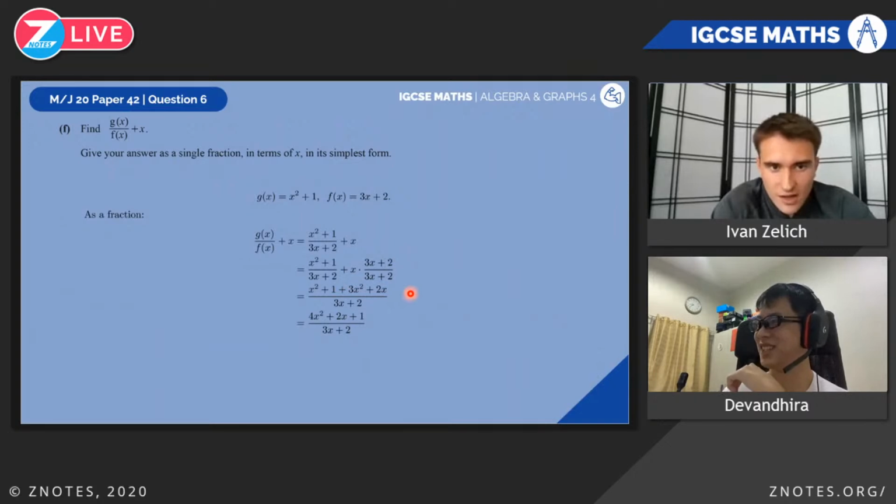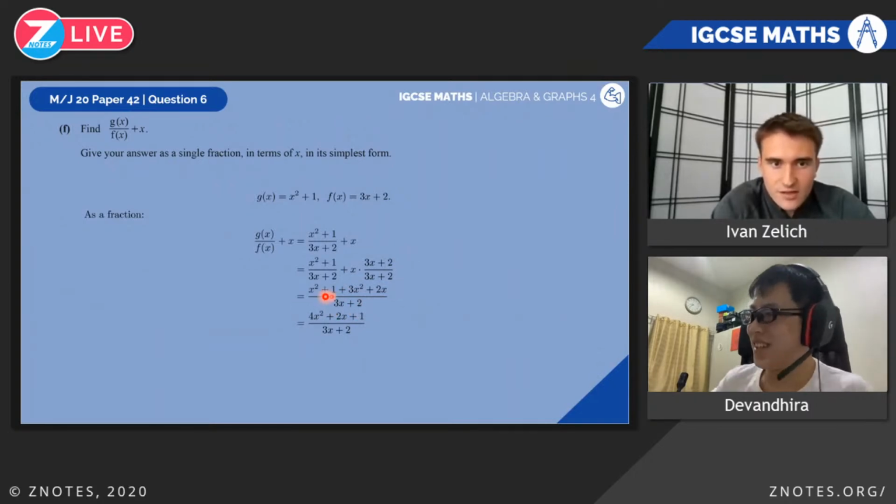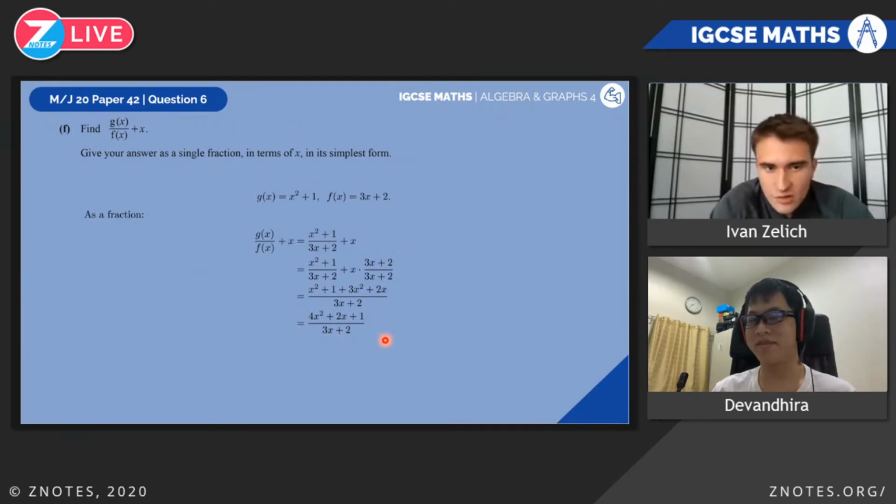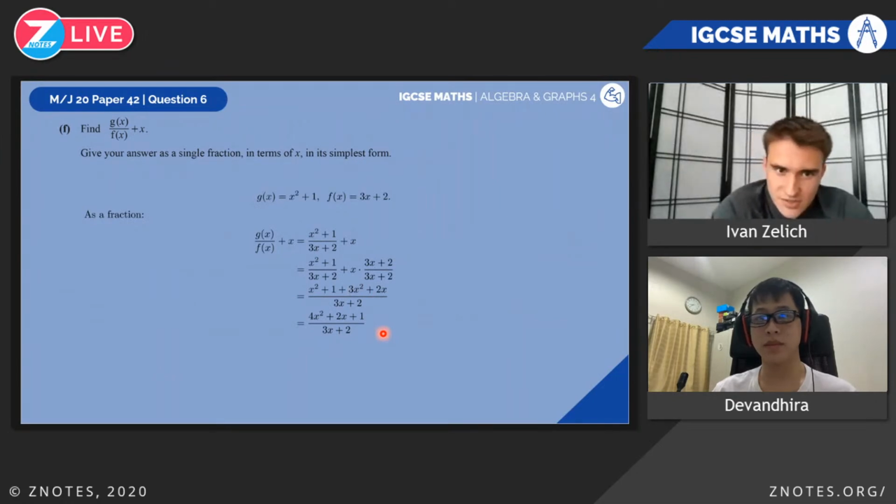So when we add them, we get 3x plus 2 on the bottom, and x squared plus 1 plus 3x squared plus 2x. And then we just write it in simplest terms, so 4x squared plus 2x plus 1 on 3x plus 2. And we can't simplify any further. You would expect that maybe you could because of the question, but it turns out you can't.